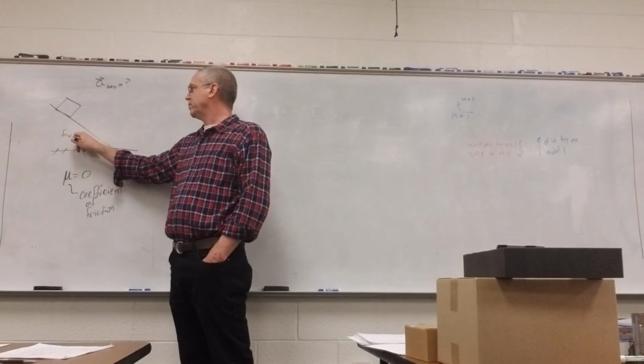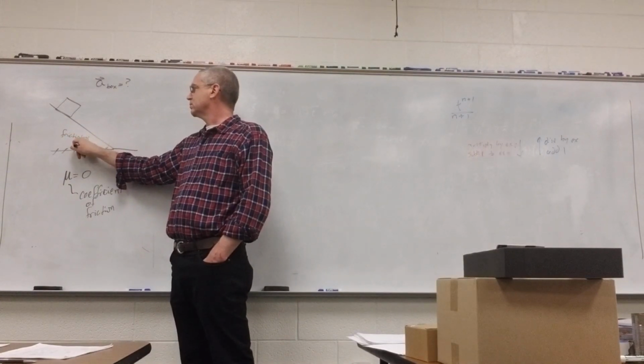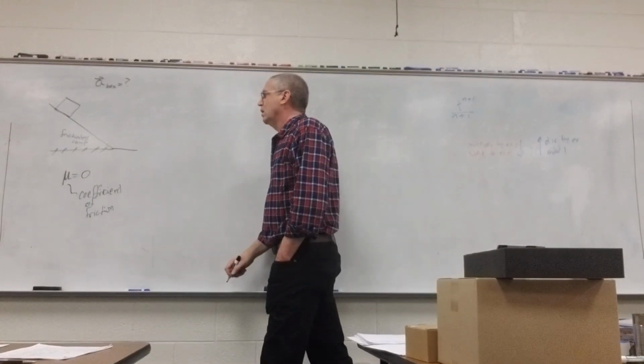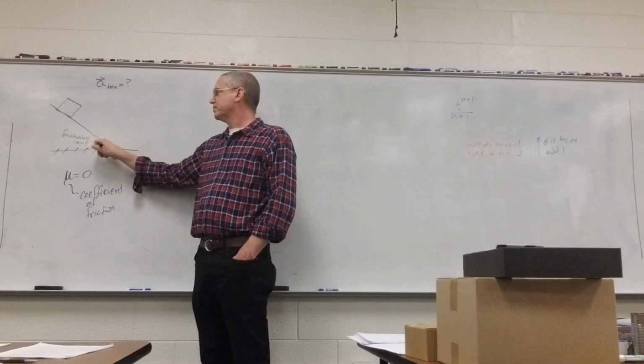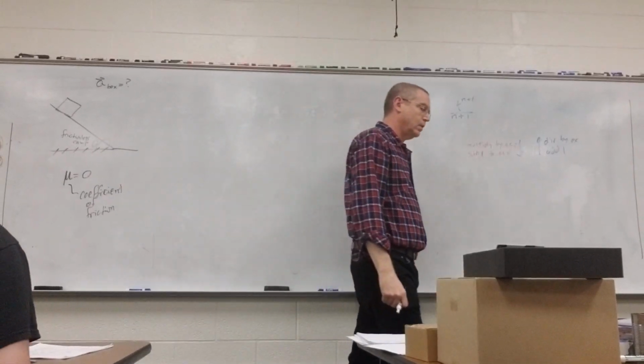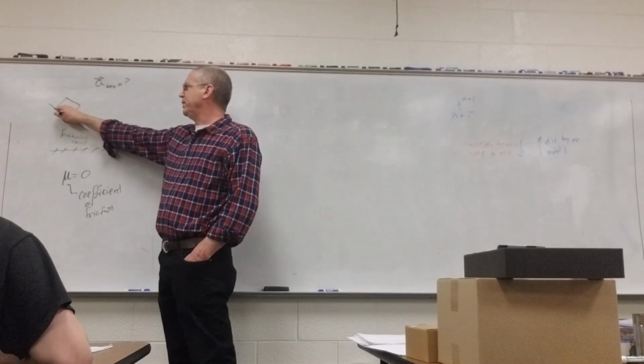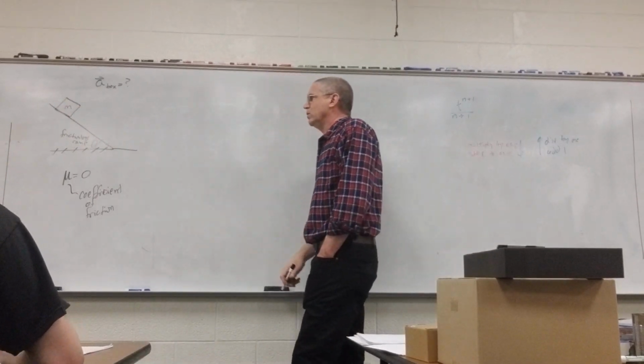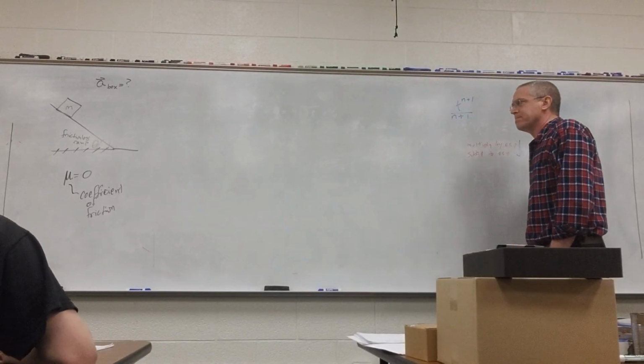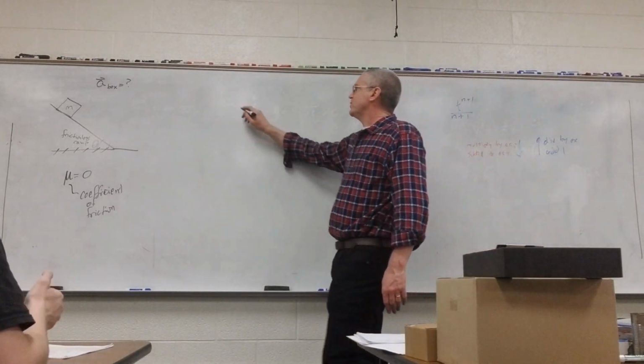It's a frictionless ramp. The angle down here is theta. It has a mass m, but ultimately the mass is irrelevant here, and we'll show why. And we're going to go through the steps.